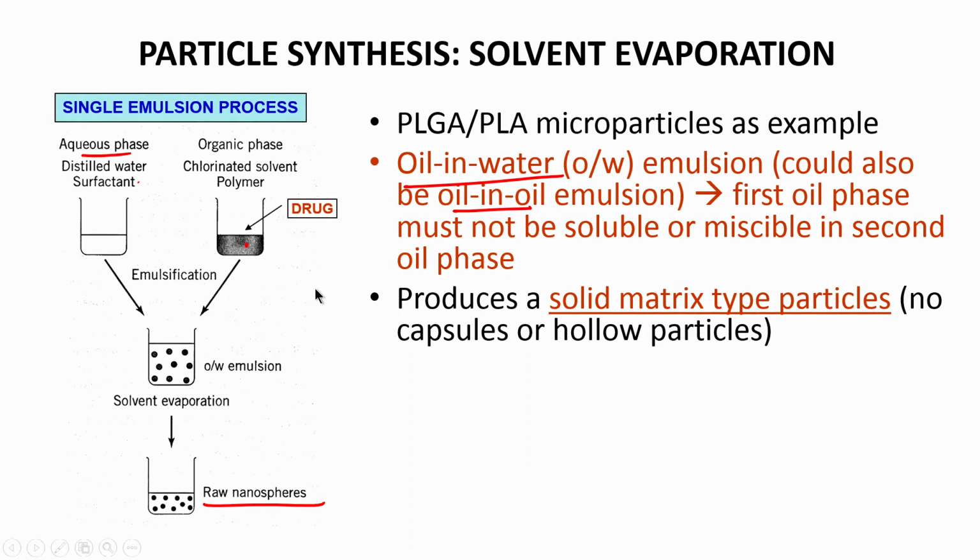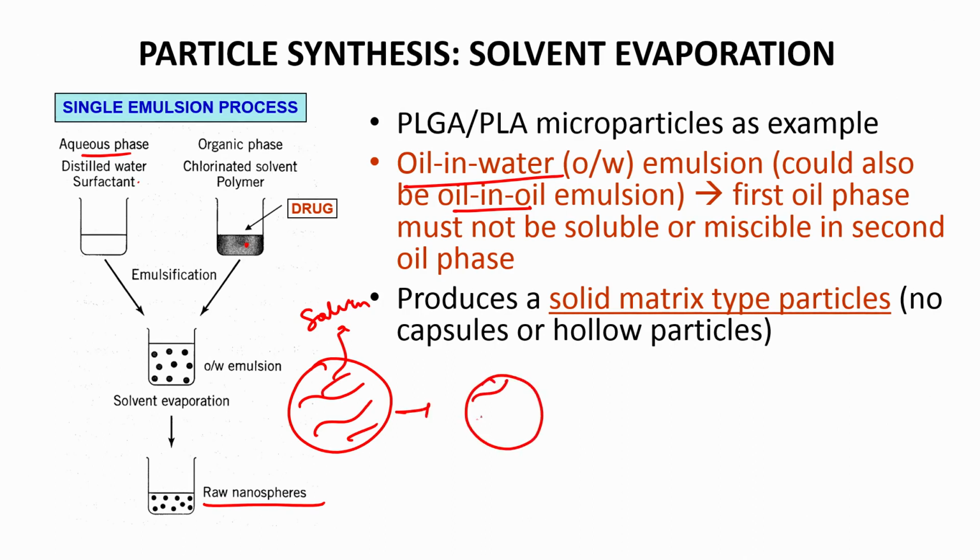As I said, if I zoom into these small droplets that are evaporating solvent, what you essentially have is these polymer chains. Now when the size is decreased, these polymer chains are coming closer and closer, and then eventually there is no solvent, all you have is these polymer chains, and so these will essentially represent a solid matrix, right.